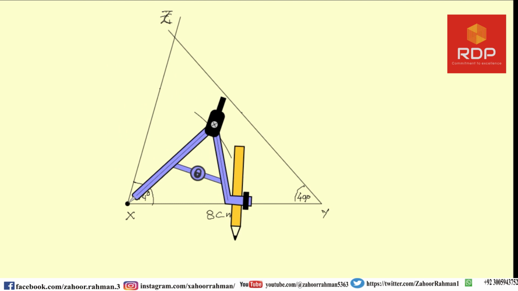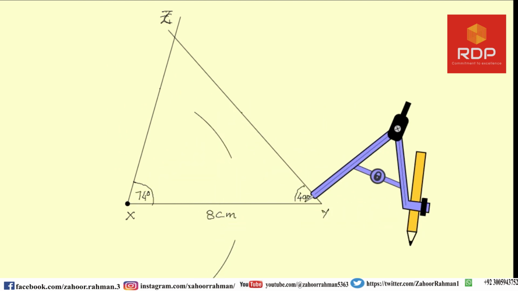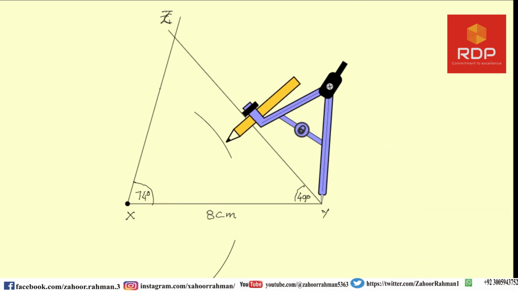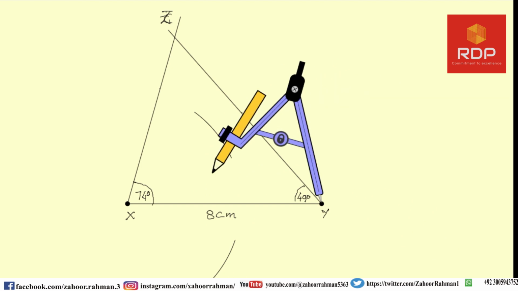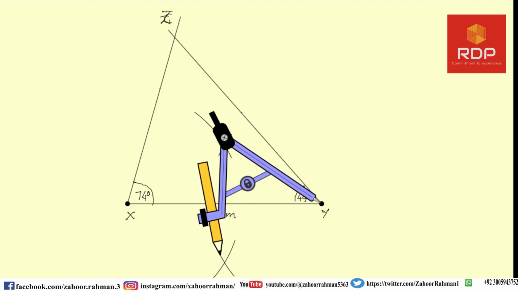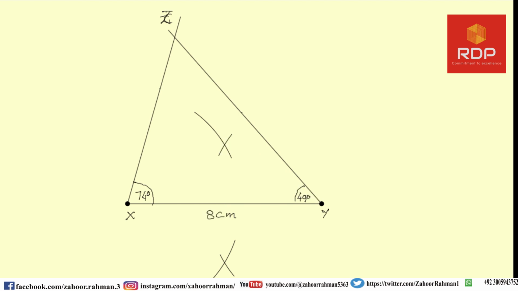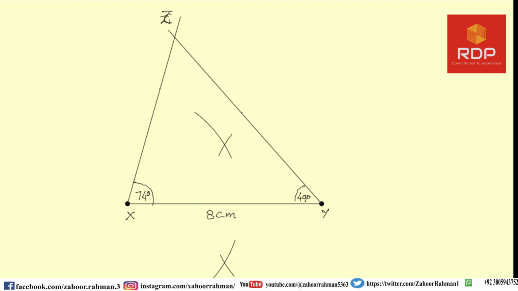So here I am drawing another arc, and similarly I have to put the sharp side on that Y point, and then make another arc here. Remove this and connect this point to this point. That will be the first part.